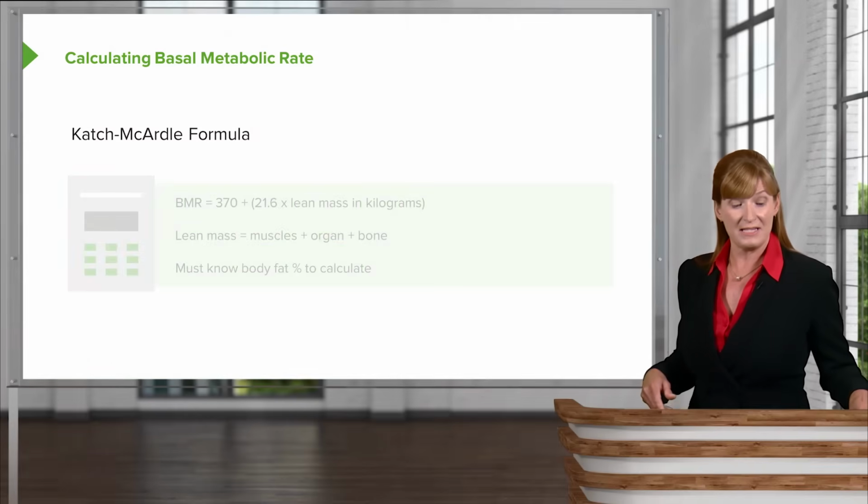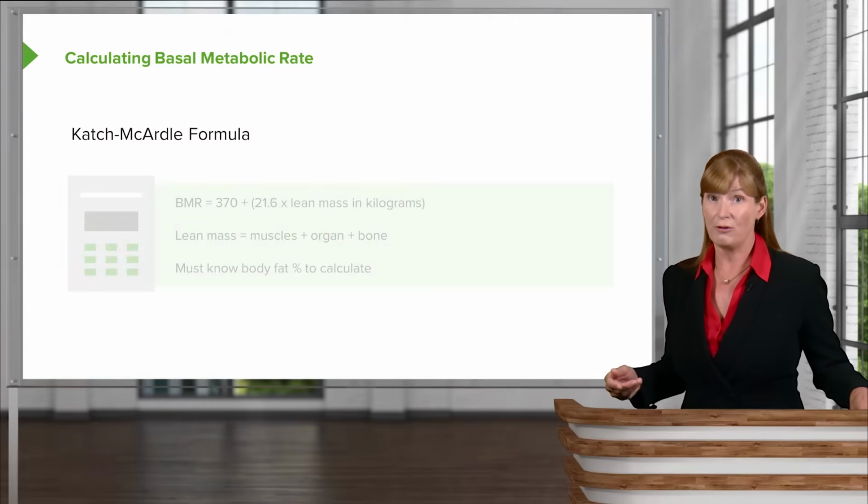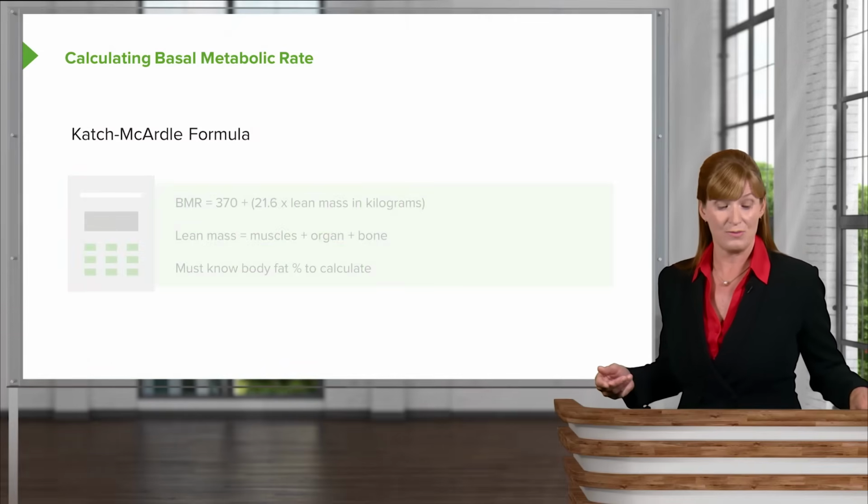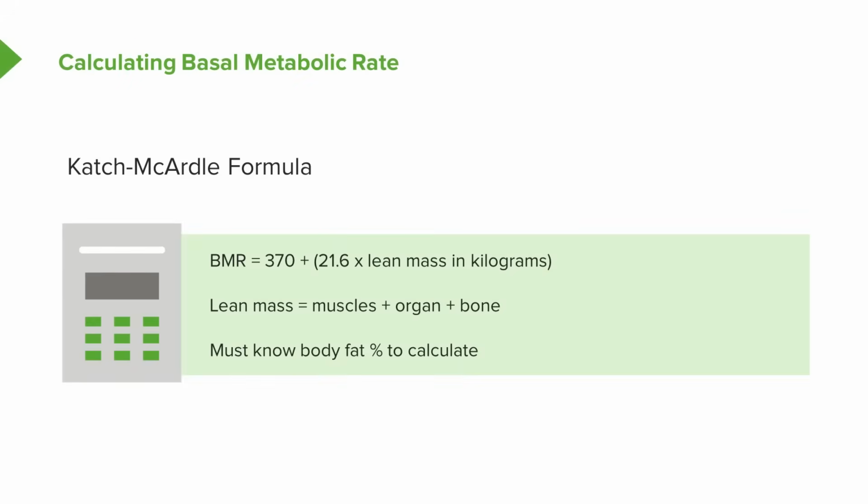More commonly these days, though, the Katch-McArdle formula is utilized, in which we consider pretty standard numbers. Basal metabolic rate equals 370 plus 21.6 times the lean mass in kilograms. The catch here is that we have to know the body fat percentage, and that turns out to be not so difficult to ascertain these days.